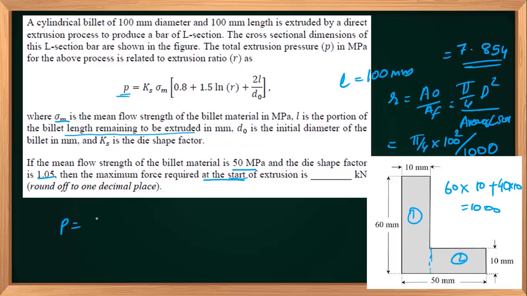What is P? It will be equal to Ks. Ks is how much? 1.05.